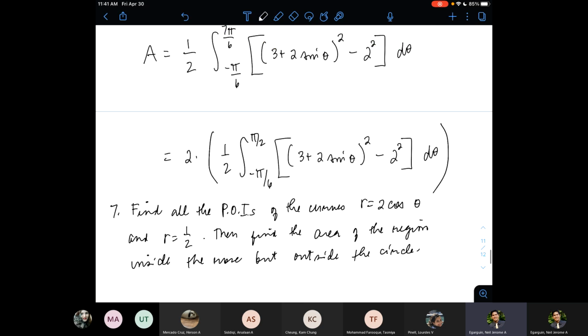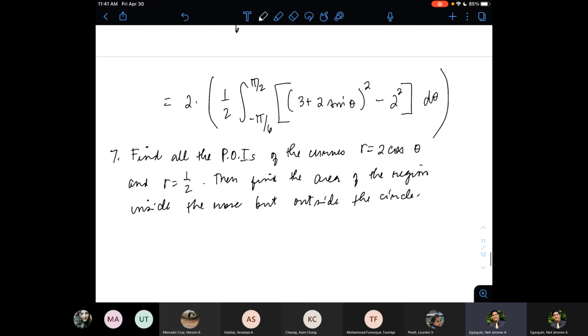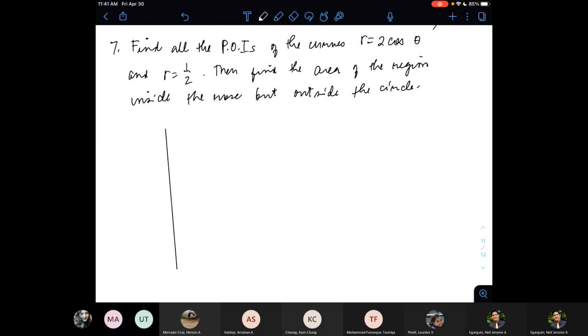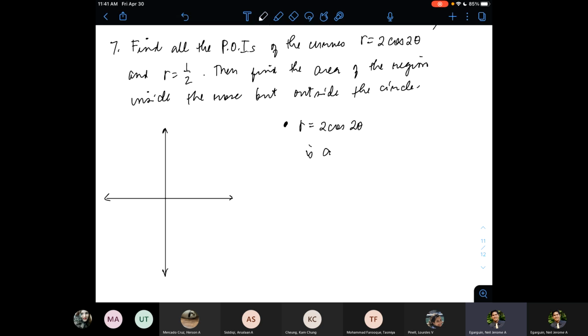All right, so let's see. Okay, let's start by sketching the graph first and see what we have here. Right, so here we have this curve, r equals 2 cosine 2 theta. There should have been a 2 here, right? So let's start with that. r equals 2 cosine 2 theta is a rose with 4 petals, right?